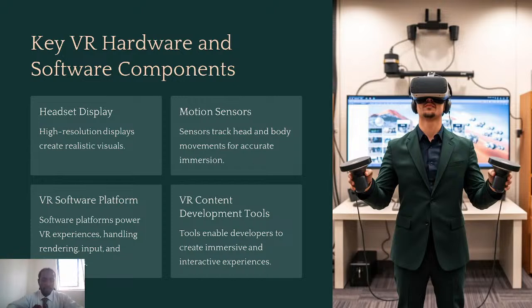The software platform powers the virtual experiences, and it handles the rendering, the exact thing that we want to visualize within the virtual environment. It renders it, and the input, when the user adds something, for example single player or multiplayer, what is coming in as an input within the system, it also takes care of that.